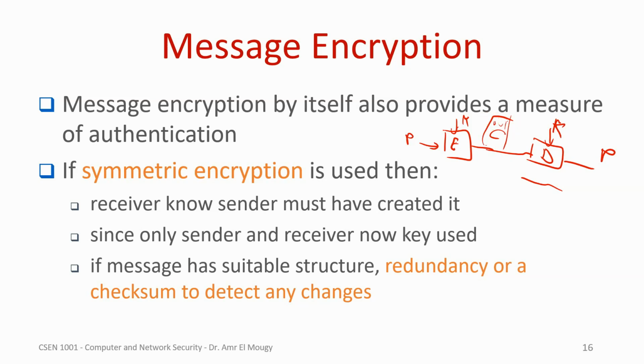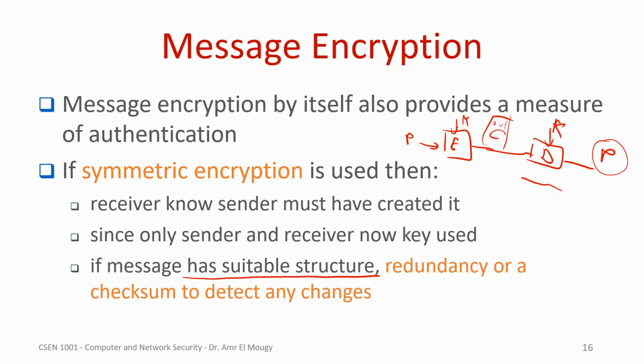If the message has a deterministic structure, meaning that it is in the English language or something like that, and the attacker changed zeros to ones and ones to zeros, the resulting plain text will have a weird structure that the receiver will be able to detect. And so if the message has a suitable structure, then yes, symmetric encryption may be able to detect whether an attack on integrity has happened between sender and the receiver.